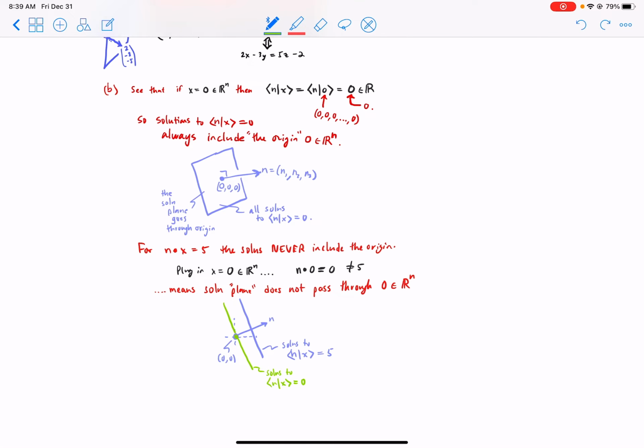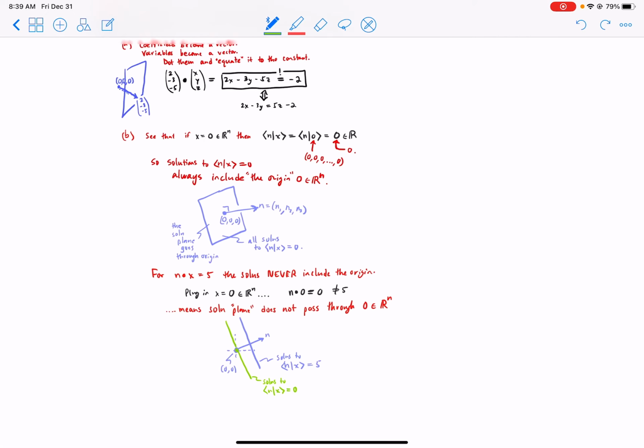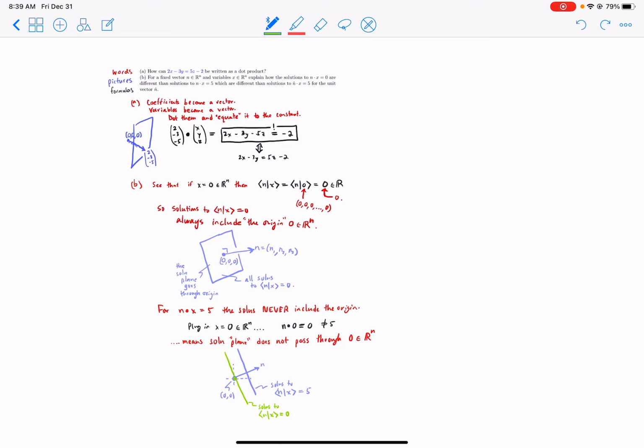And the key observation is whether or not 0 is a solution. Because if 0 is a solution, we have one way to find an easy solution, and you'll see in linear algebra that we can use that fact to solve many other things. But for now, you just need to show when it has the origin. Here it does not have the origin.